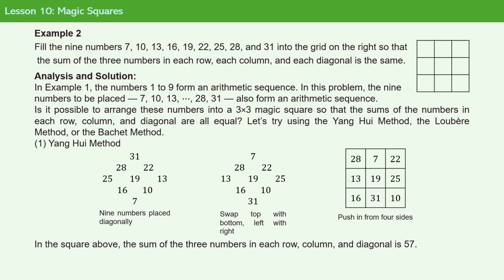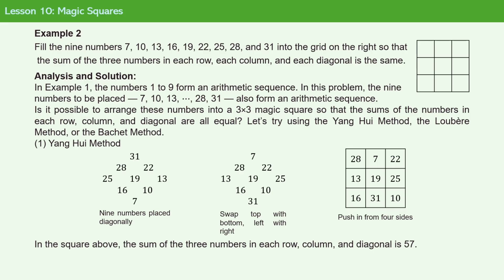In this problem, the 9 numbers to be placed, 7, 10, 13, and so on up to 28, 31, also form an arithmetic sequence. Is it possible to arrange these numbers into a 3x3 magic square so that the sums of the numbers in each row, column, and diagonal are all equal?